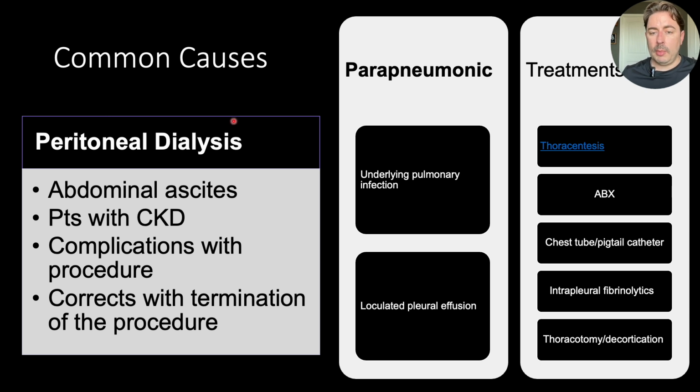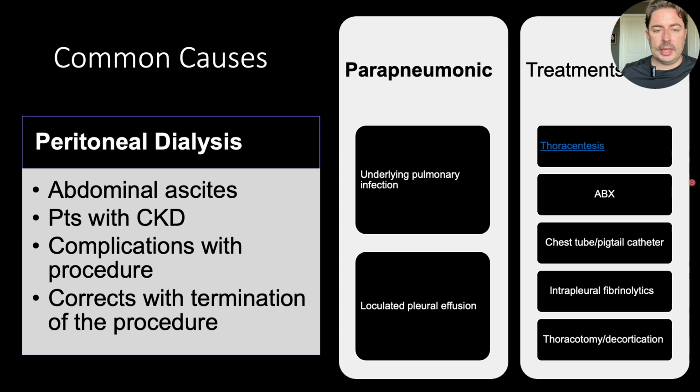It could be parapneumonic. This is an underlying pulmonary infection. So if we have that pneumonia that is building up lots and lots of consolidation and lots of secretions, it can lead to a loculated pleural effusion.